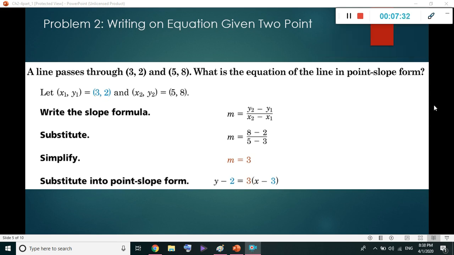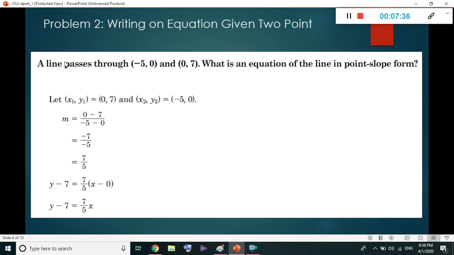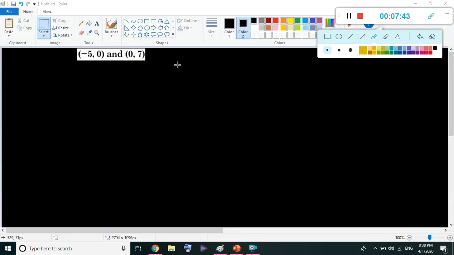Okay, let's go for the next problem. Again, we have 2 points, and what's the equation of the line in the point slope form? We're going to use these 2 points to find the line equation in the point slope form, which is y minus y1 equals m times x minus x1.